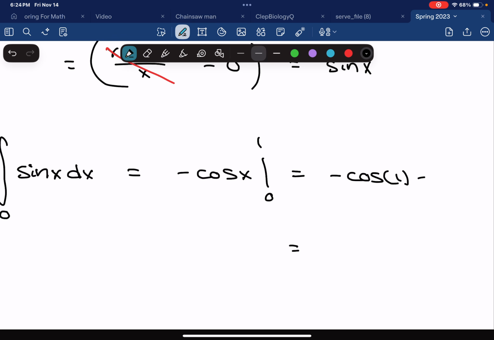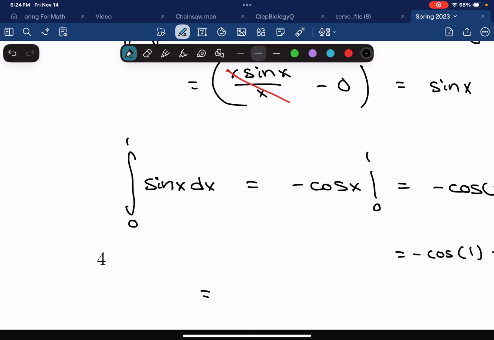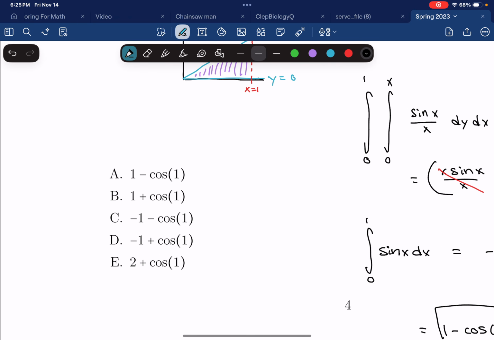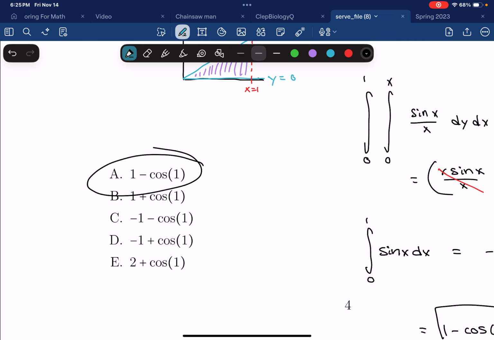It should be minus negative cosine of 0, which means you get negative cosine of 1 plus 1. I'm just going to rewrite that as 1 minus cosine of 1, which is our answer choice A, the correct answer for number 6.